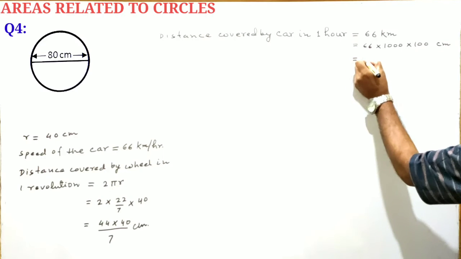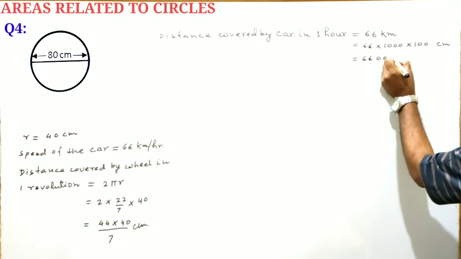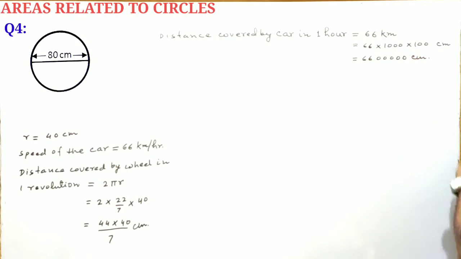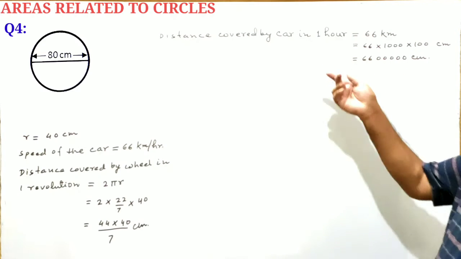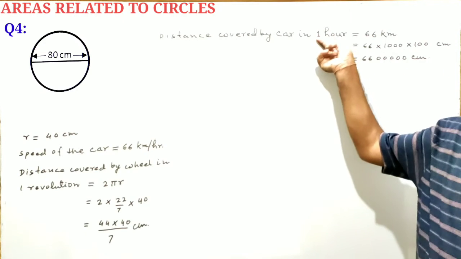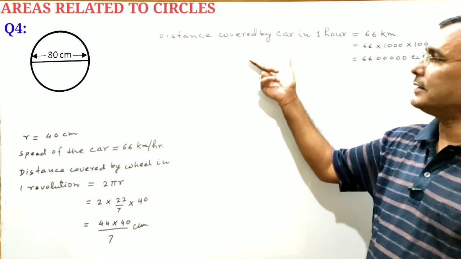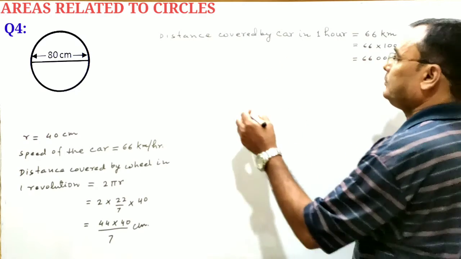So this is equal to 66 followed by 5 zeros centimeter. So this much distance car will cover in 1 hour, means in 60 minutes. So let us find out distance covered by the car in 10 minutes.